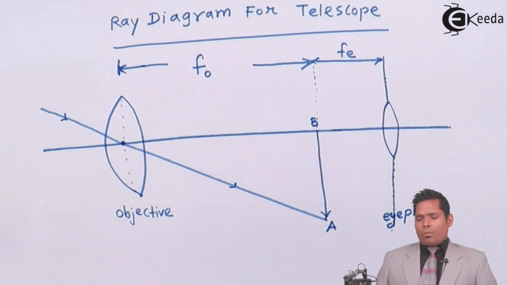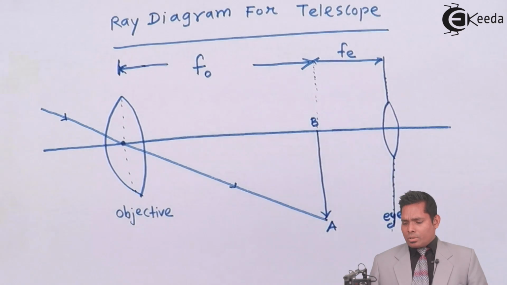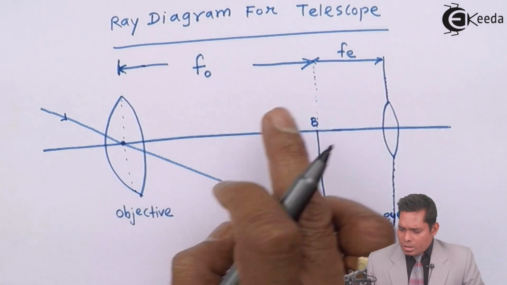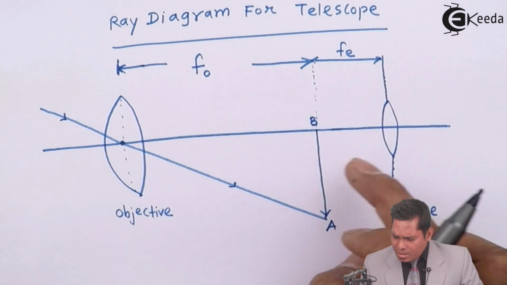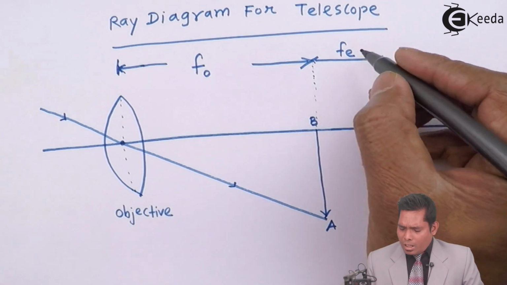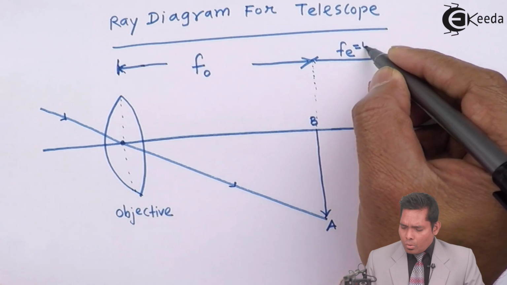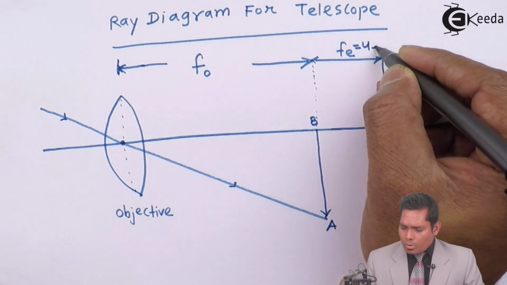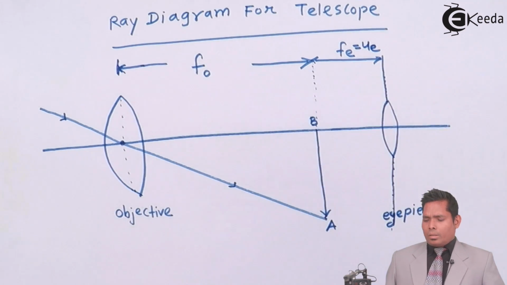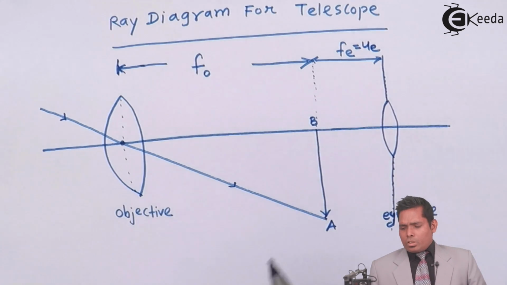FE. This is the focal length of the eyepiece. So this is the object distance for this lens. So therefore I write FE equals UE, because this is the object distance and that is equal to the focal length of the eyepiece.